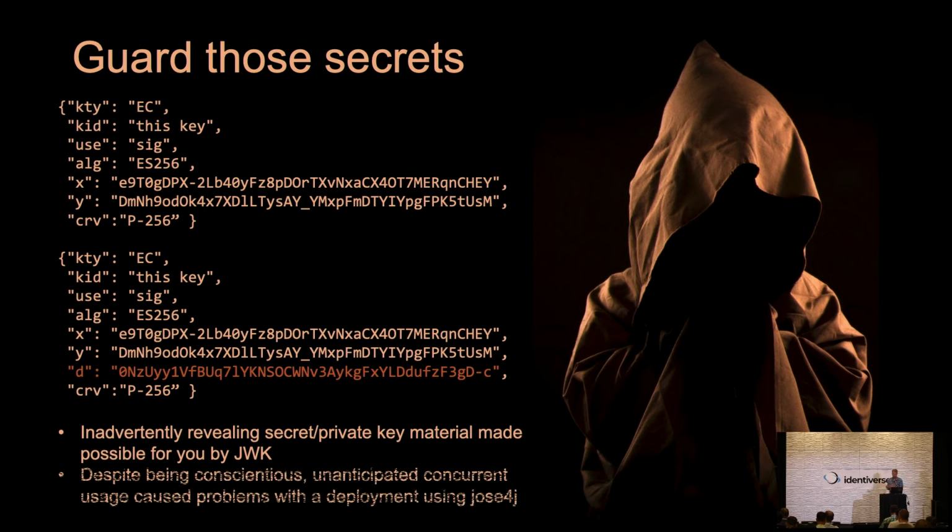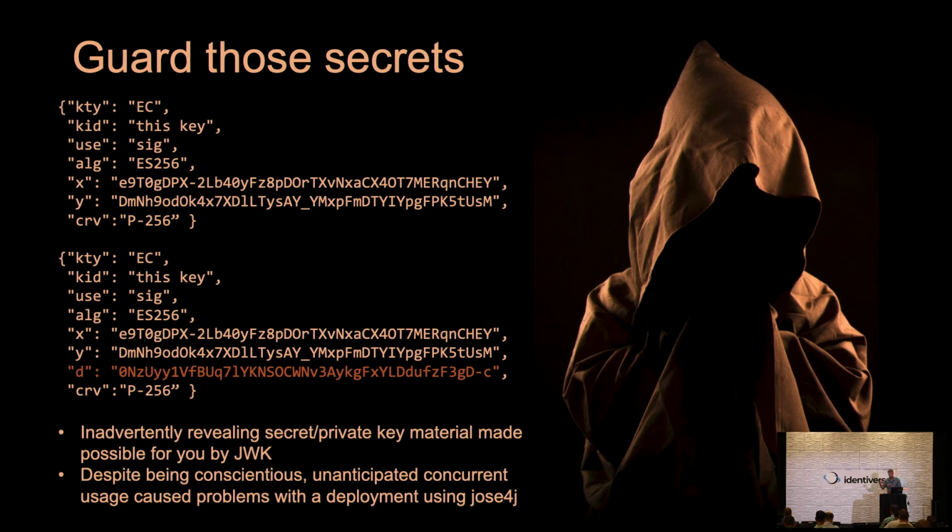So inadvertently revealing secret or private key material is made possible by the structure of the format itself. And my implementation was really conscious of this and tried really hard to prevent it. I had a nice little toggle switch on my objects indicating whether a private key should be revealed or not. But, it's esoteric, I had it at the object level, and under certain threading conditions, if one user of it was trying to deal with the private key, they had to switch it on to get access to the private key.